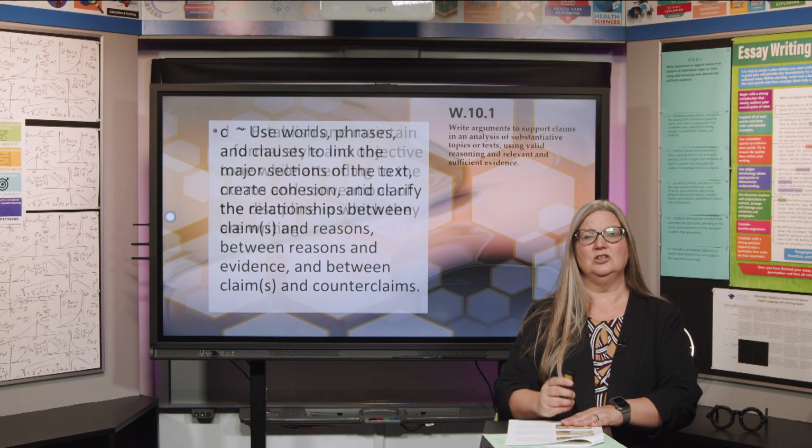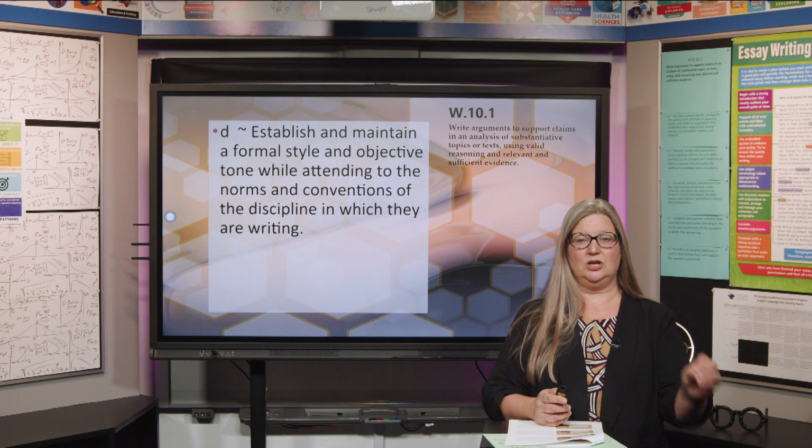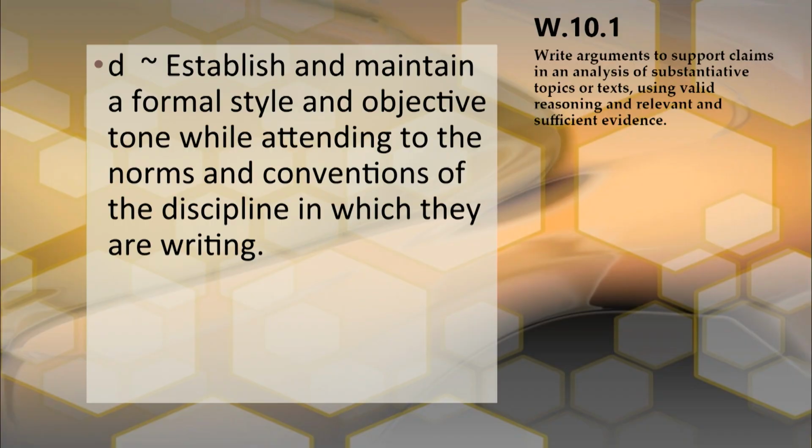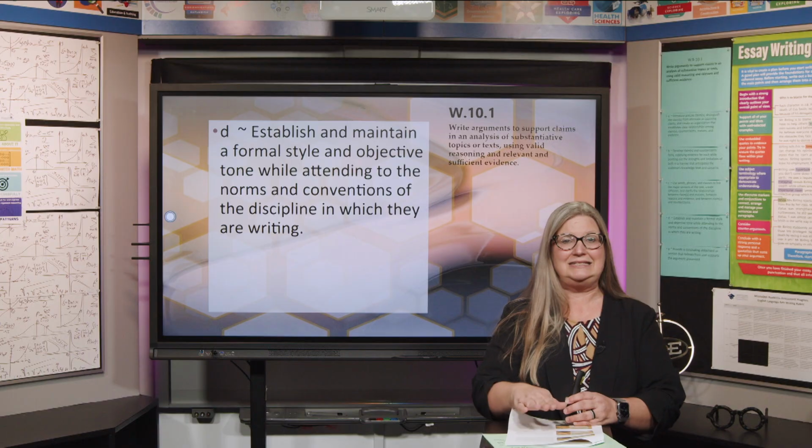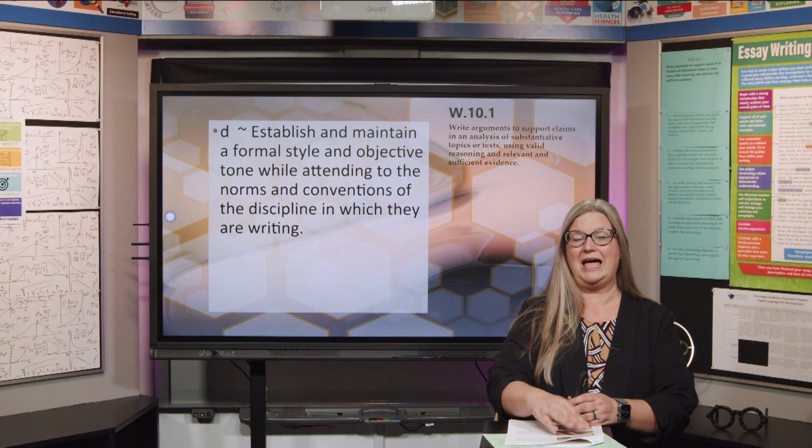All right, so let's look at what D asks us to do as part of this standard. Establish and maintain a formal style and objective tone while attending to the norms and conventions of the discipline in which they are writing. And when they say they, they're talking about you. So you need to maintain a formal style as you're writing.